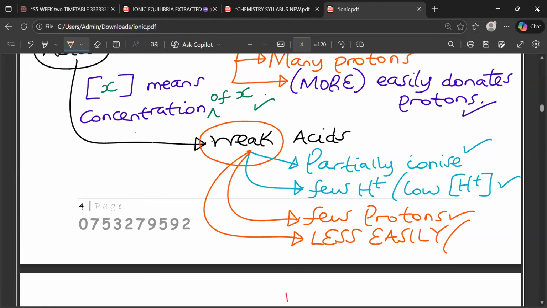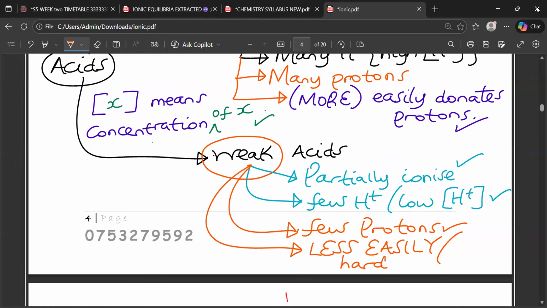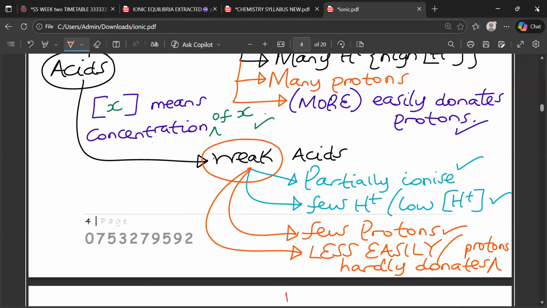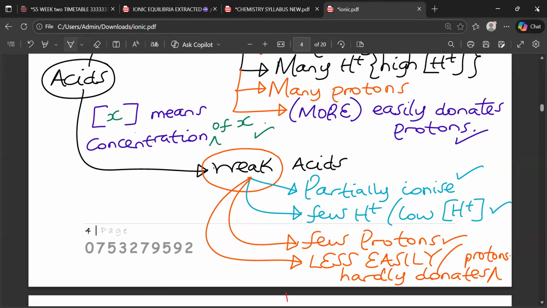If you know some good English, you can just say hardly donates protons. That's the comparison I wanted to give you.